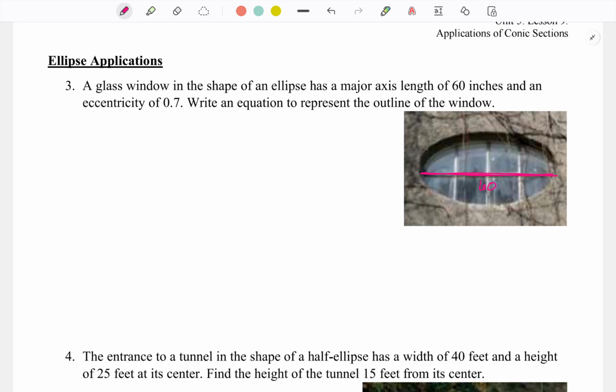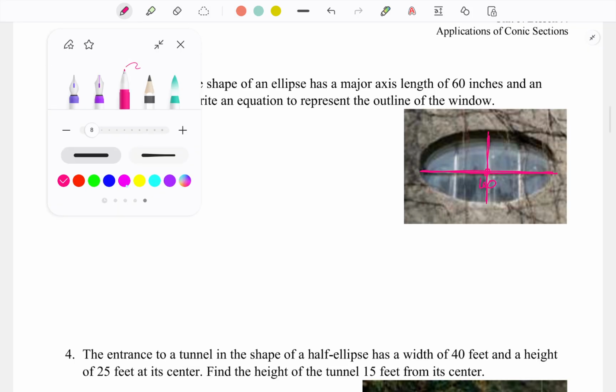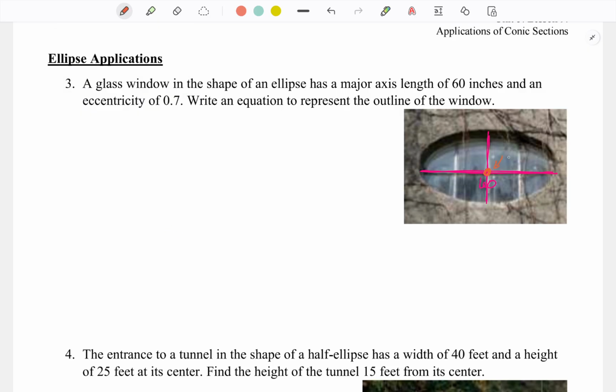Since we know our eccentricity, we can use that to find our B, because we need both our major and minor axis. We're going to go ahead and call the center of our window (0, 0). So A is going to equal 30.